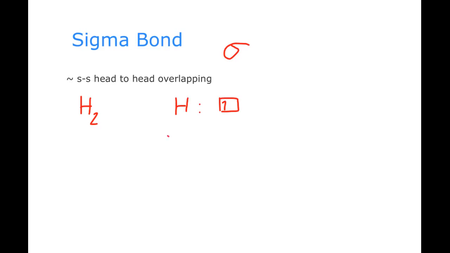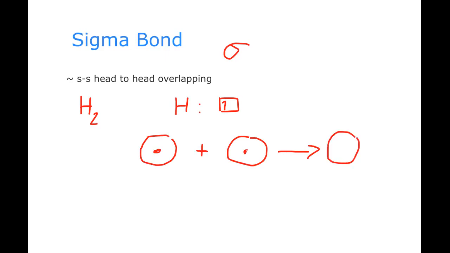So for example, this is the orbital of the first hydrogen, and this is the orbital of the second hydrogen. So hydrogen will have this overlapping between the s orbitals.